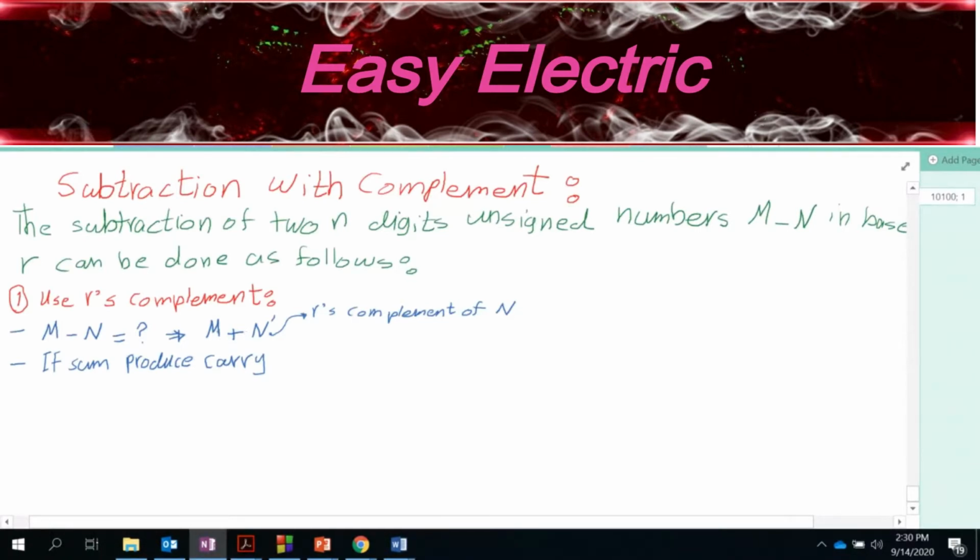Carry is 1, okay? If this is 5 bits, this is 5 bits, you add two 5-bit numbers and get 5 bits, again you say carry is 0, okay? In a more general case, whenever I add one number with n digits to another number with n digits and the result is n digits, the carry is 0. If the result is n plus 1 digits, the carry is 1, okay?